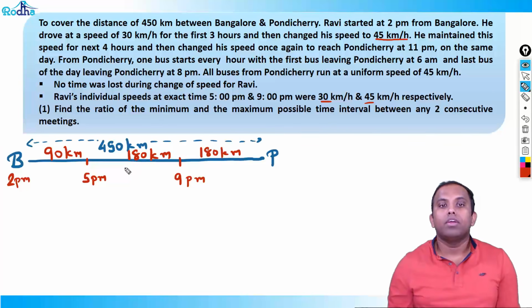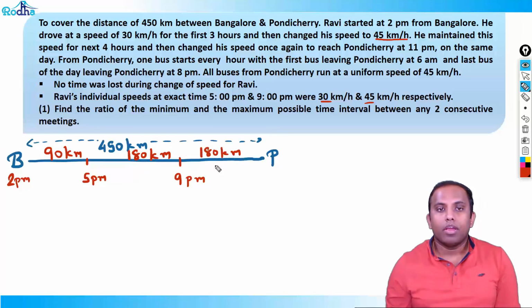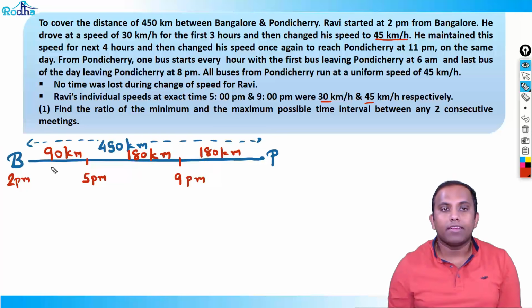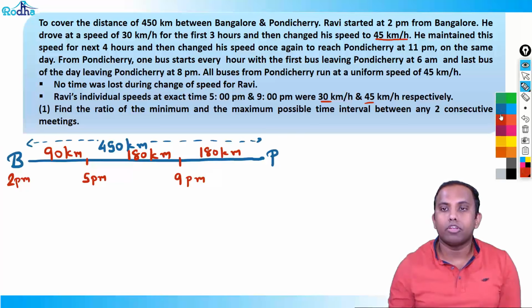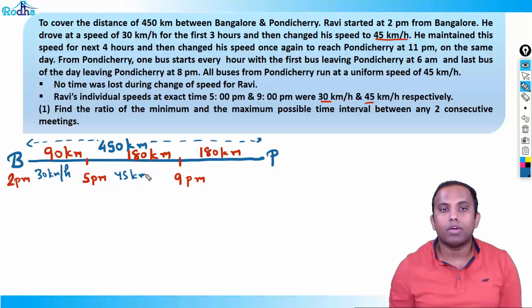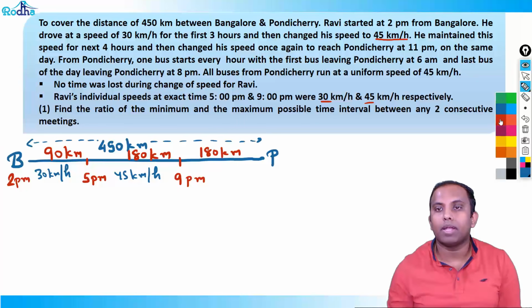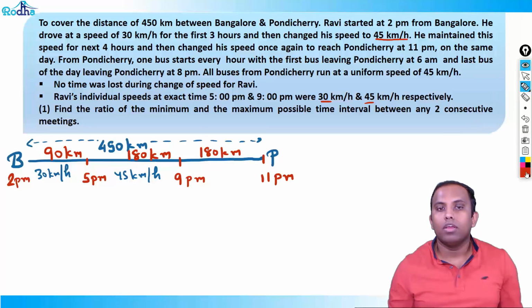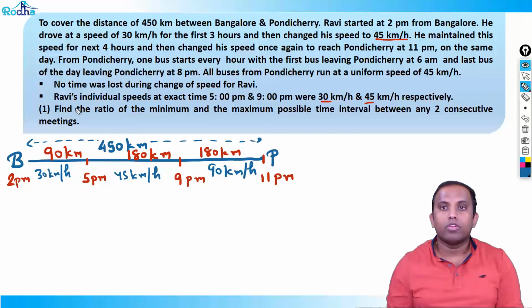The speed in the first part is 30 km per hour, then 45 km per hour, and from 9 p.m. the remaining distance is covered by 11 p.m., that means in the next 2 hours. So 180 kilometers in 2 hours. What is the speed? 180 by 2, 90 kilometers per hour. This is the speed.